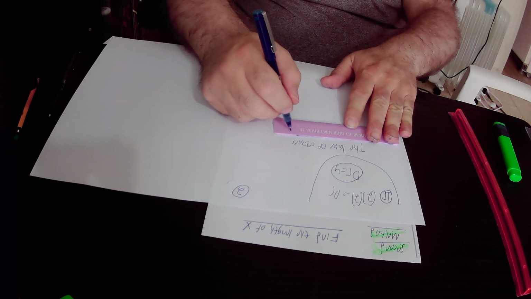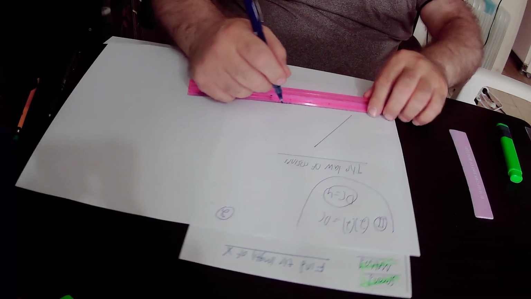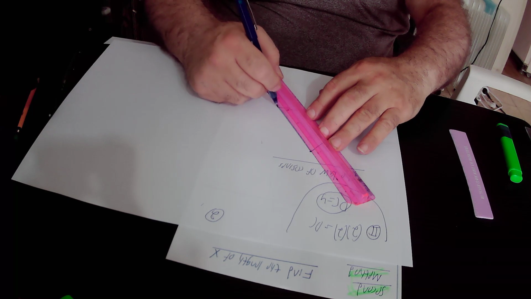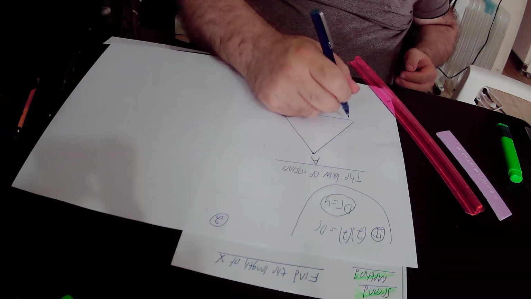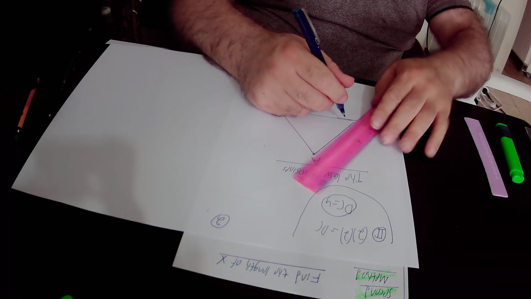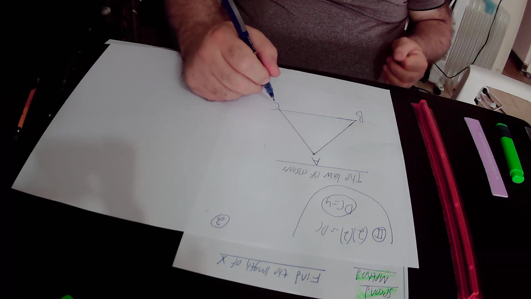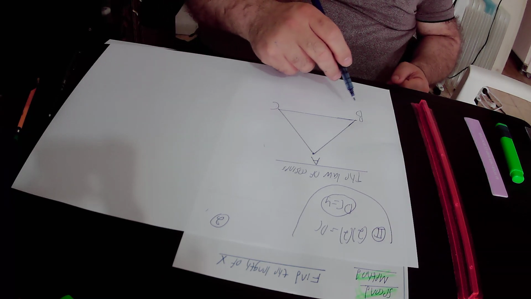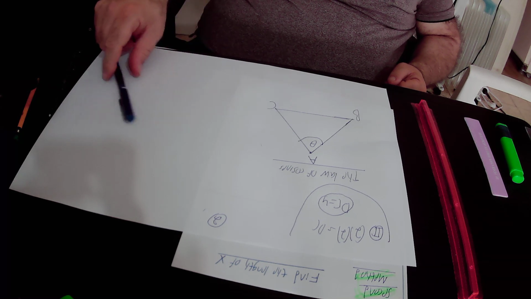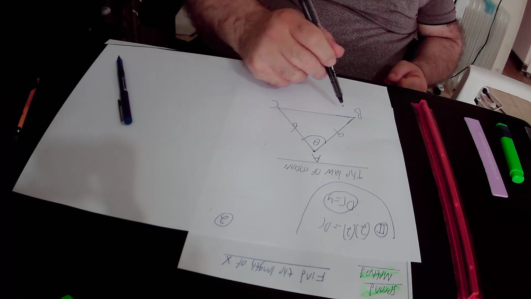So if we have triangle ABC that could be any triangle, and we know that the angle between side AB and side AC is theta, side AB equals a units in length, side AC equals b units, and side BC equals c units.